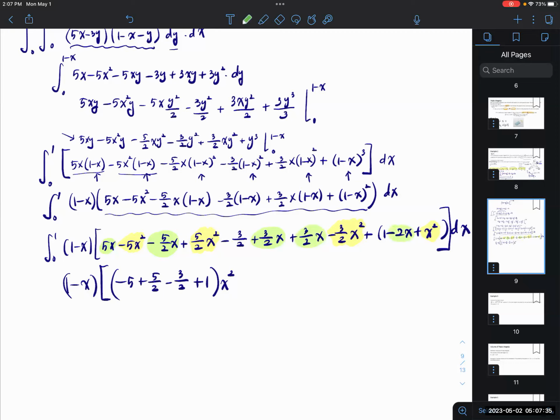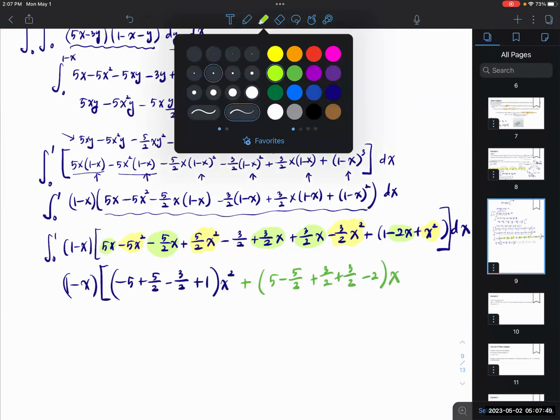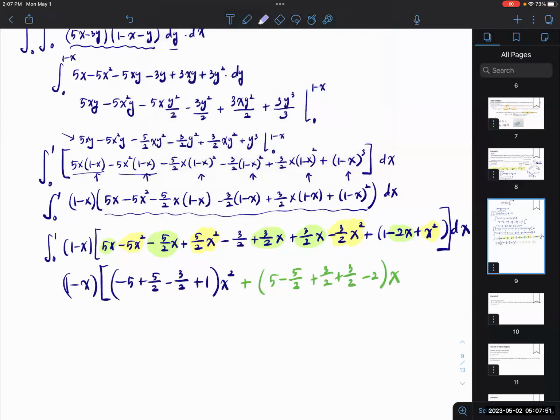So that is 5 minus 5 over 2 plus 3 over 2 minus 2, for the x family. And then the last one, the number family: minus 3 over 2 plus 1.